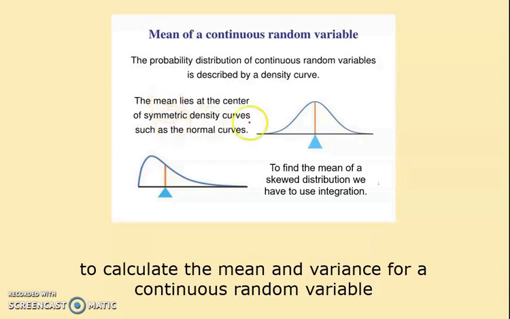And you can see in the picture it says if you have a symmetrical distribution, the mean is right in the middle. Another word for the mean is the expected value. So if this can take a range of different values, it might go from 0 up to 10, and the probability of getting any value of x was determined.